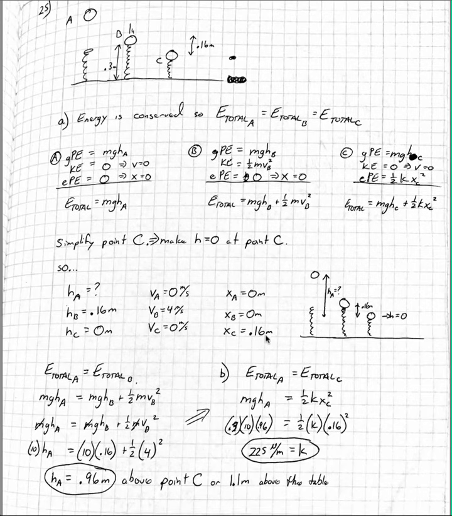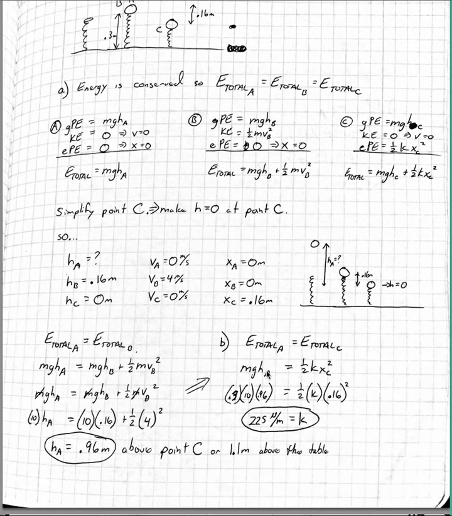I'll say the total at A is the total at C. So the total at A is the mass, which I'm now given as 0.3. It's 0.96 meters up in height if I'm making this so that it's height zero. And we get the spring is compressed 0.16 meters. So I get a spring constant of about 225 newtons per meter.